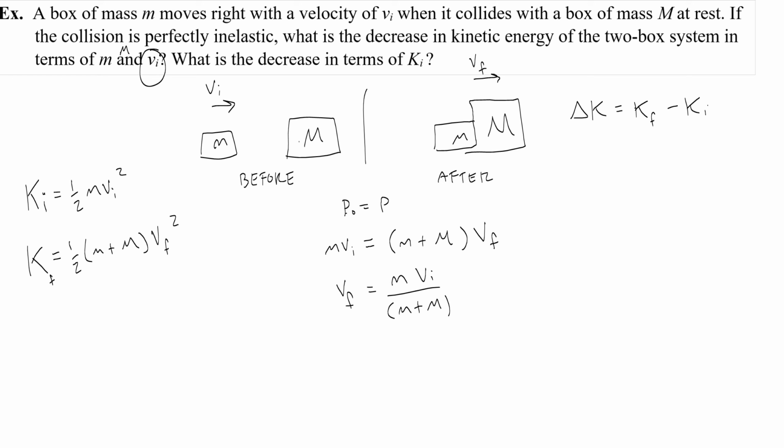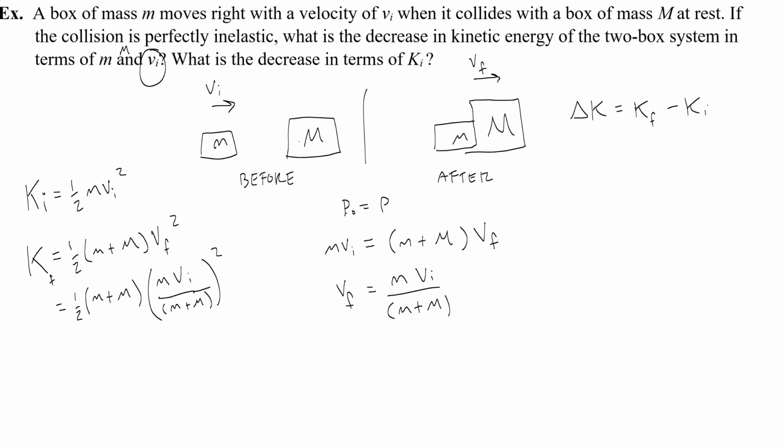So what I need to do, and what the AP test would want me to do, is to replace Vf with that equation in terms of Vi. So what we get is 1/2 m plus capital M times m Vi over m plus capital M, the whole thing squared.